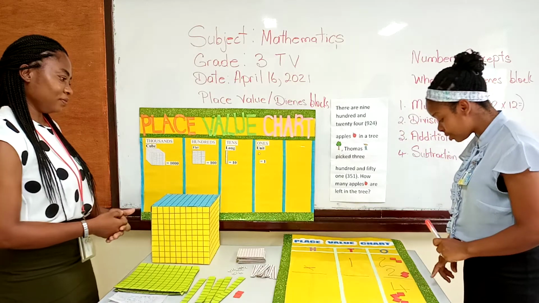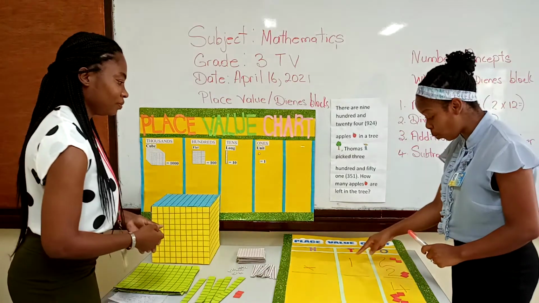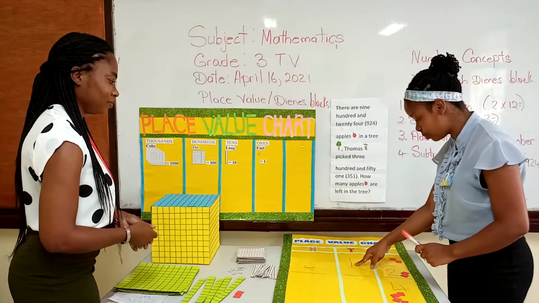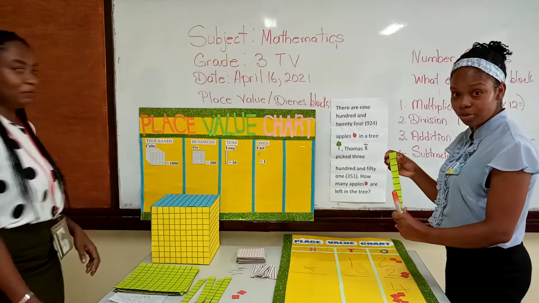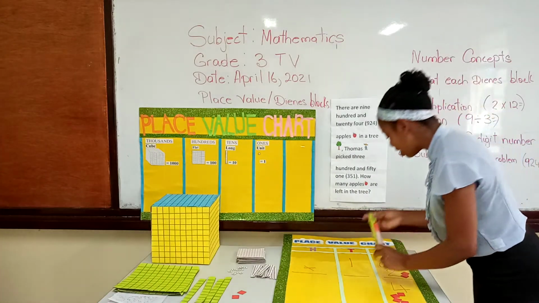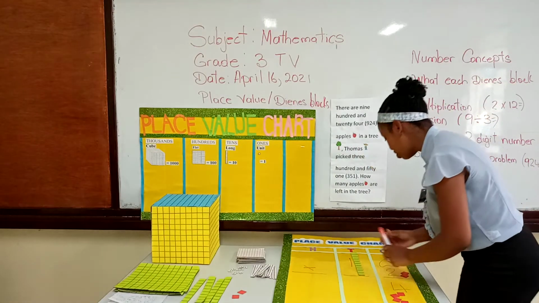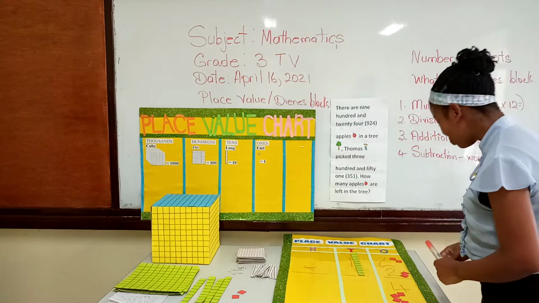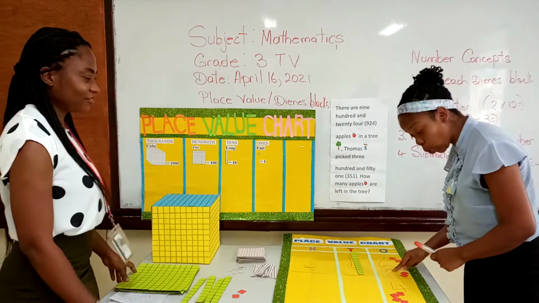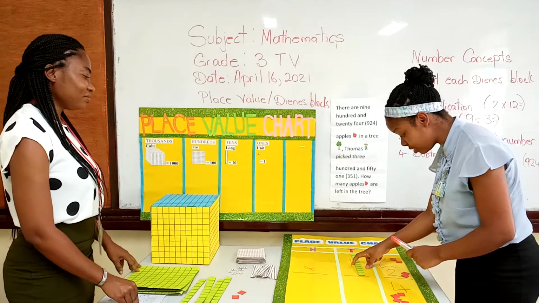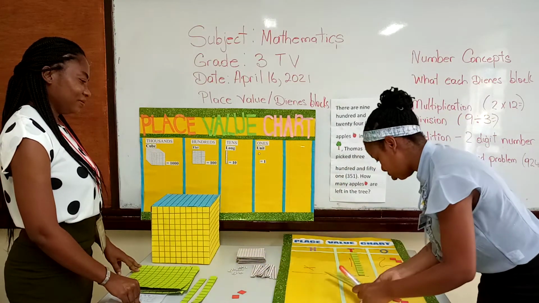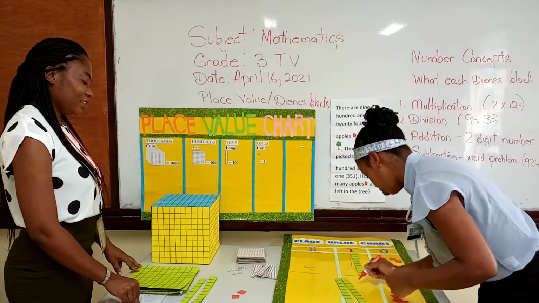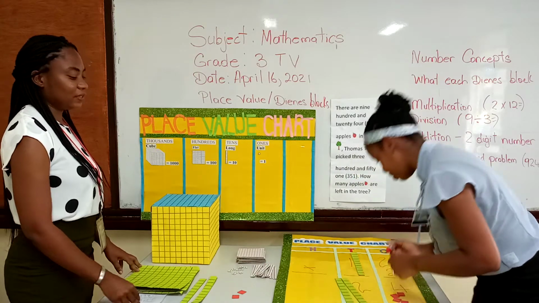Now we're going to multiply the 2 by the 1 in the tens column. We're going to use a long to represent the 1 in the tens column. So we say 2 times 1 ten, which equals 20.